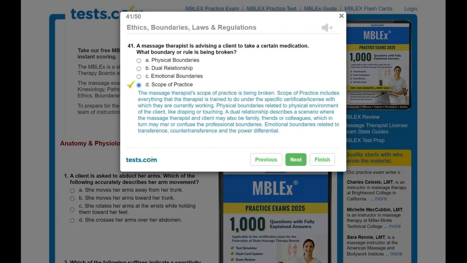Scope of practice includes everything that the therapist is trained to do under the specific certificate license with which they are currently working. Physical boundaries related to physical environment of the client, like draping or touching. A dual relationship describes a scenario where the massage therapist and client may also be family, friends, or colleagues, which in turn may mar or confuse the professional boundaries. Emotional boundaries related to transference, countertransference, and the power differential.